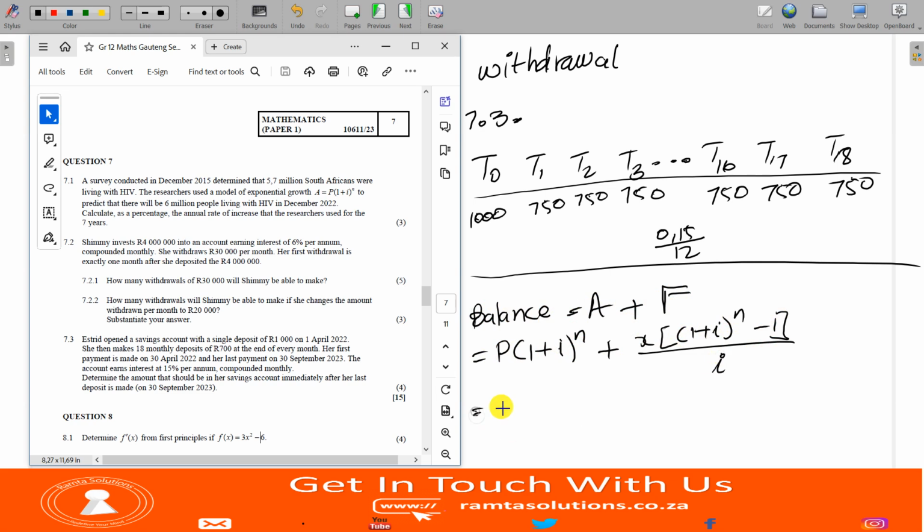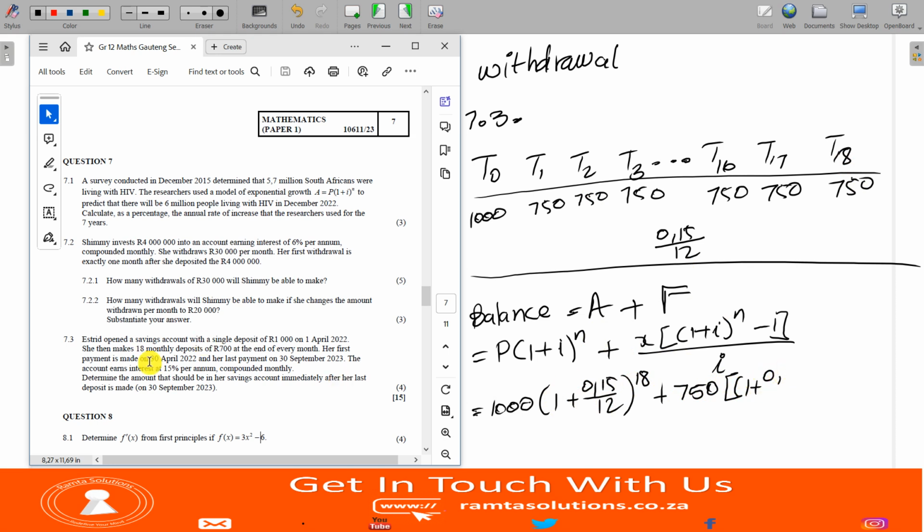Now let's talk. That 1,000 rands stayed in the account for how long? It stayed in the account for 18 months, so it will be to the power 18. Now, the annuity Astrid is making is 750 rands monthly. How many payments did she make?